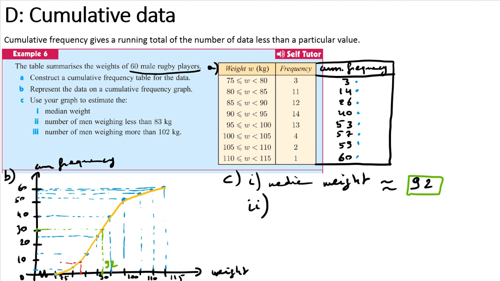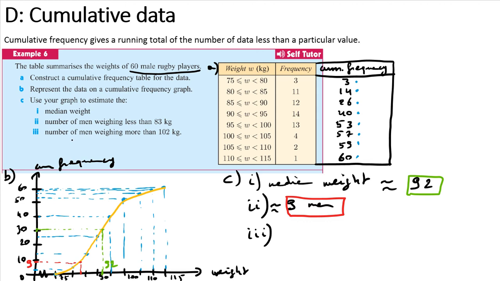And then we can see that it's a little bit less than 10. So let's take that it's 9. So we have 9 here. So 9 men weigh less than 83 kilograms, so approximately 9 men.